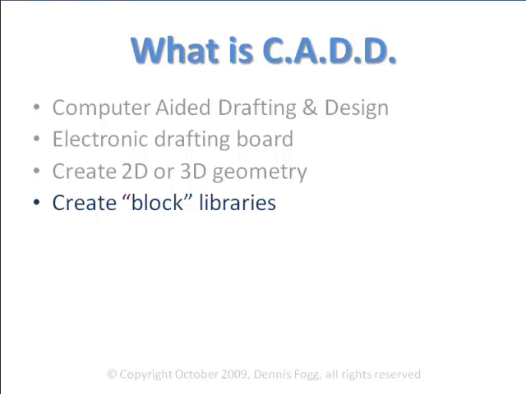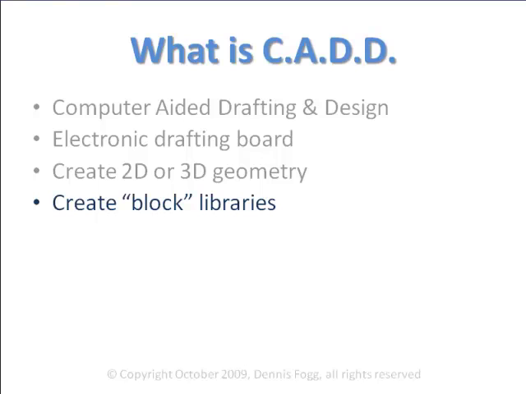A block is simply a copy of any CAD work that has already been created, like the houses in our previous example. Many companies create libraries of blocks that are specific to their business, and they can be used in later projects.